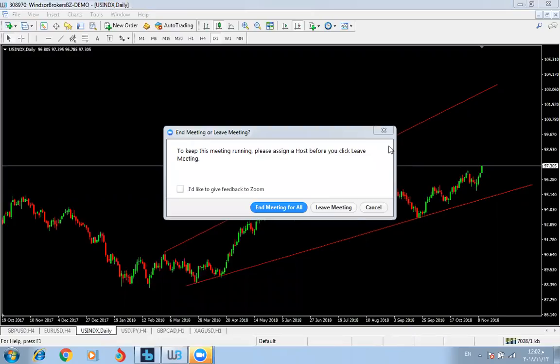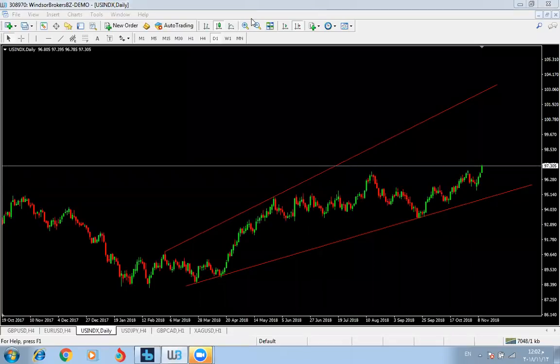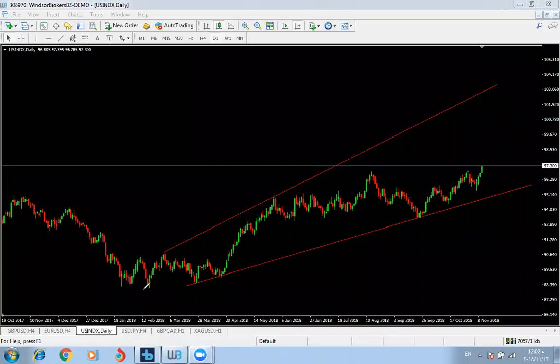Today we will get started with the dollar index. As we see, this is a daily chart for the dollar index, and we started to count the wave from this bottom, making this the first wave.